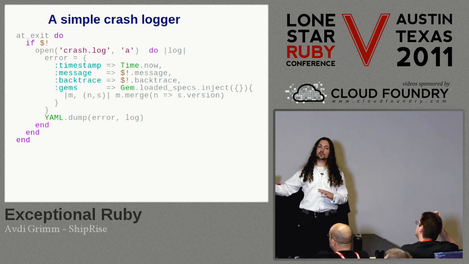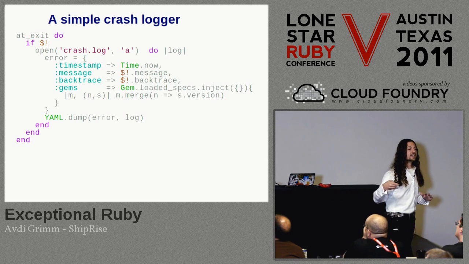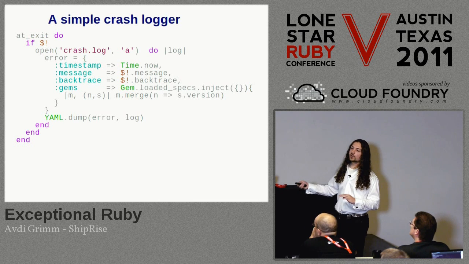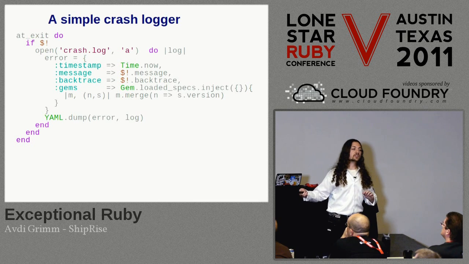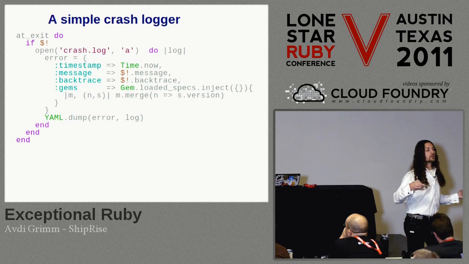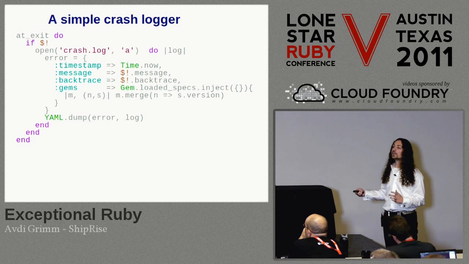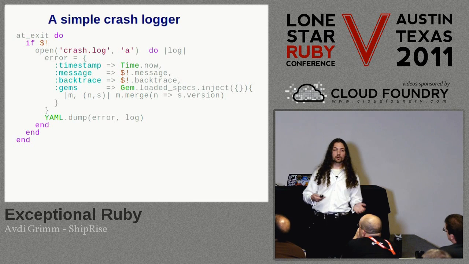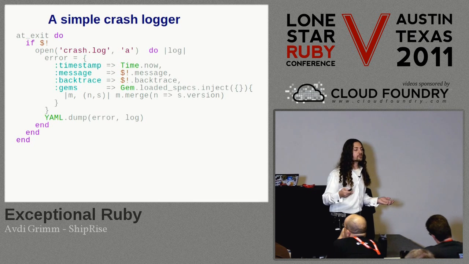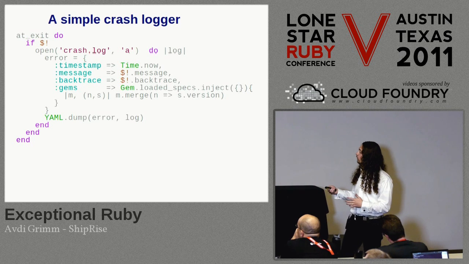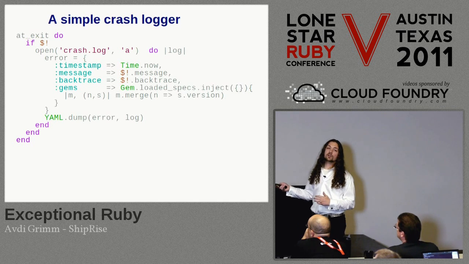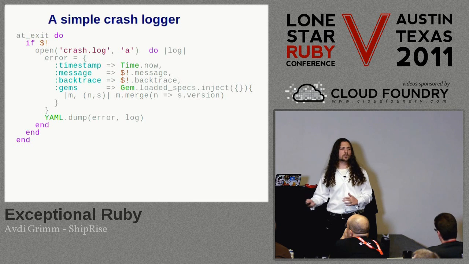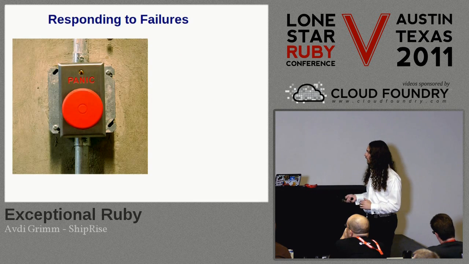You can actually insert an at-exit handler, which will, at the exit of the program, use that error info variable to check to see if we're exiting because of an exception. And if so, it's going to log some information about that exception to a log file before ending the program. In this case, we're capturing some information about the exception, and we're also capturing all the versions of all the gems that were loaded when the exception occurred. I'm sure you can probably think of all sorts of other useful stuff to put in a log like this.